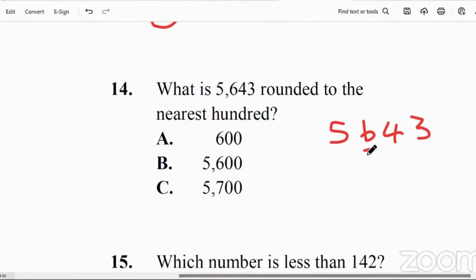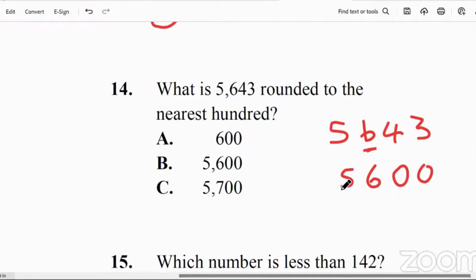Then we would add 1 to the digit in the rounding place. If it's less than 5, then we do not do anything to the digit in the rounding place. So this digit would remain the same. We would change the ones to the right of the digit in the rounding place to zeros, and then we write back the numbers that would be to the left. So the answer would be 5,600.